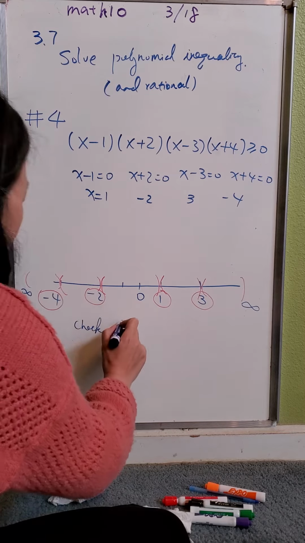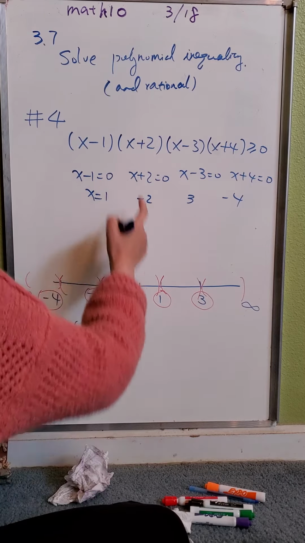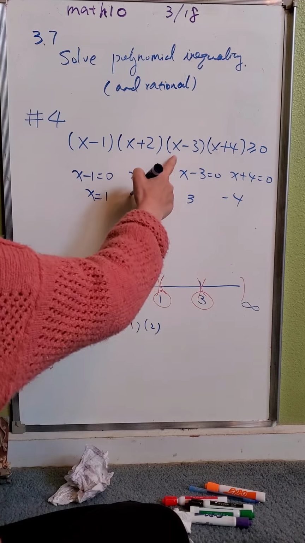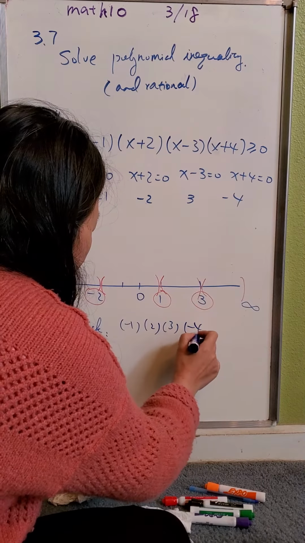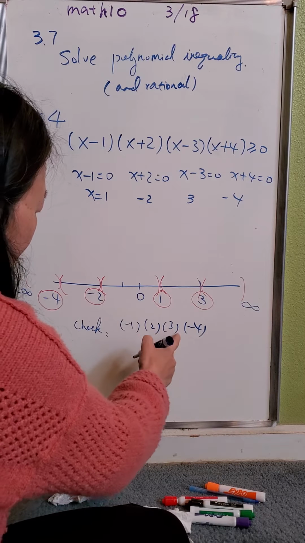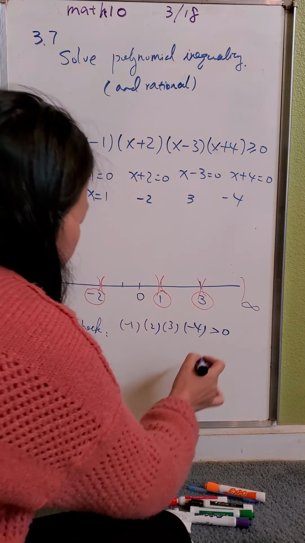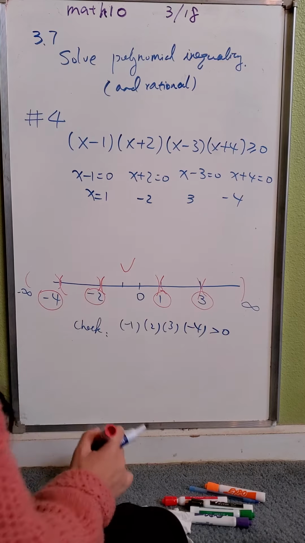So 0 comes here, we get negative 1 times 2 times 3 times negative 4. We want to see if they're going to be greater than or equal to 0. It comes out positive, yes, greater than 0 for sure. So you know this interval definitely is a part of the answer.